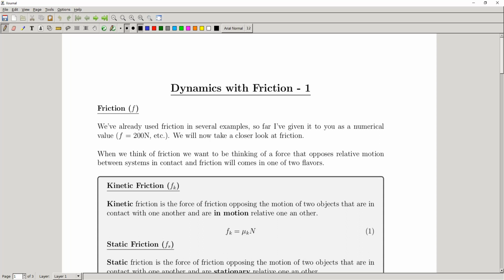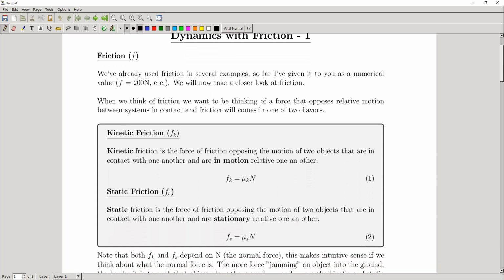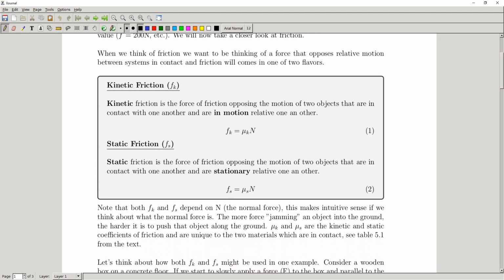Okay, so friction for our purposes is going to come in two flavors. We're going to have kinetic friction and static friction. And what are those and what are the differences between the two? Okay, so kinetic friction, which we're going to symbolize as F with this subscript k, so it's a lowercase f with this subscript k. This is going to stand for kinetic friction.